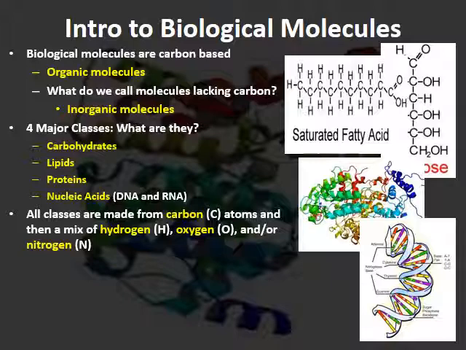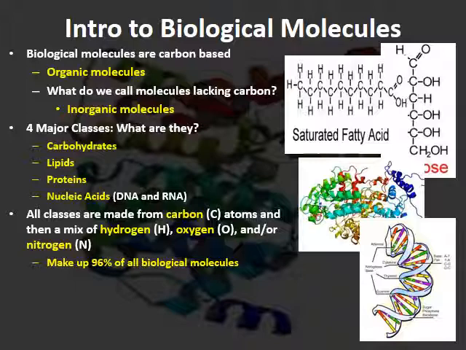So we have very similar elements connecting all of these different types of nutrition groups, and it's one of the reasons why they have very similar structures in some ways and how they get used in lots of different ways.